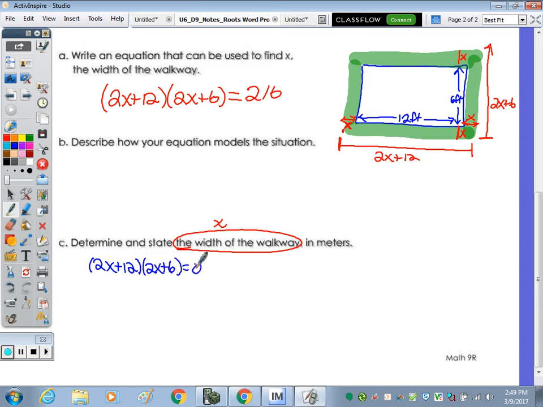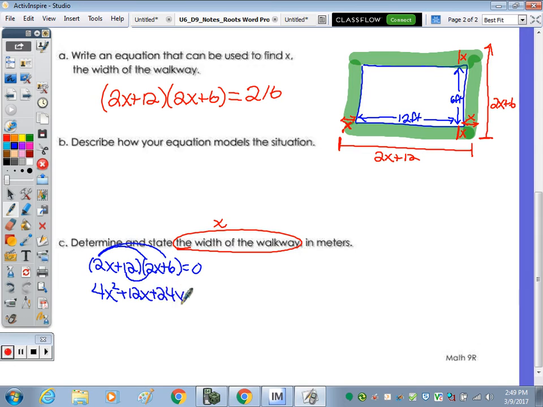We have to distribute. So what's 2X times 2X? Nope, we got a 2 times 2, 4X squared. 2X times 6, we're multiplying or distributing, 12X. Now distribute the 12 through, 12 times 2X.